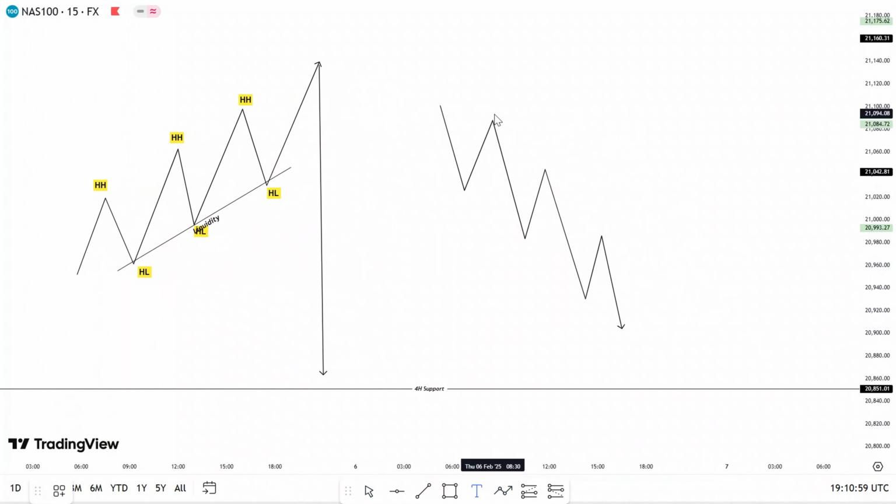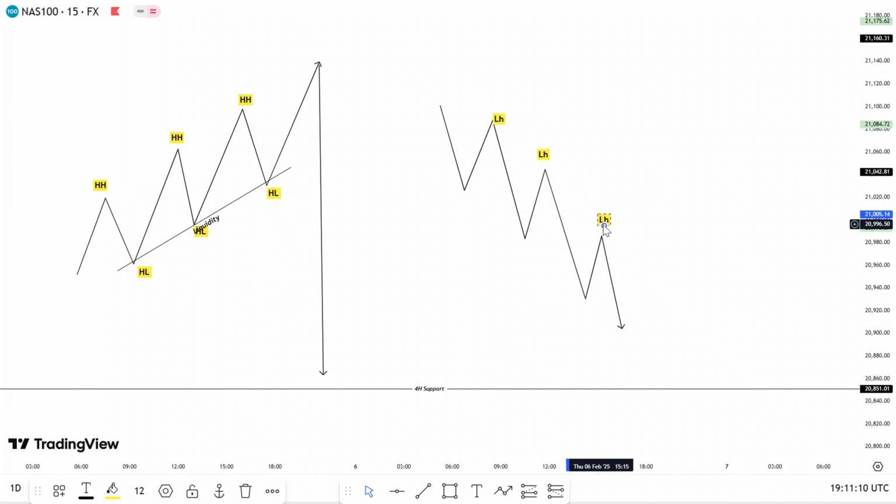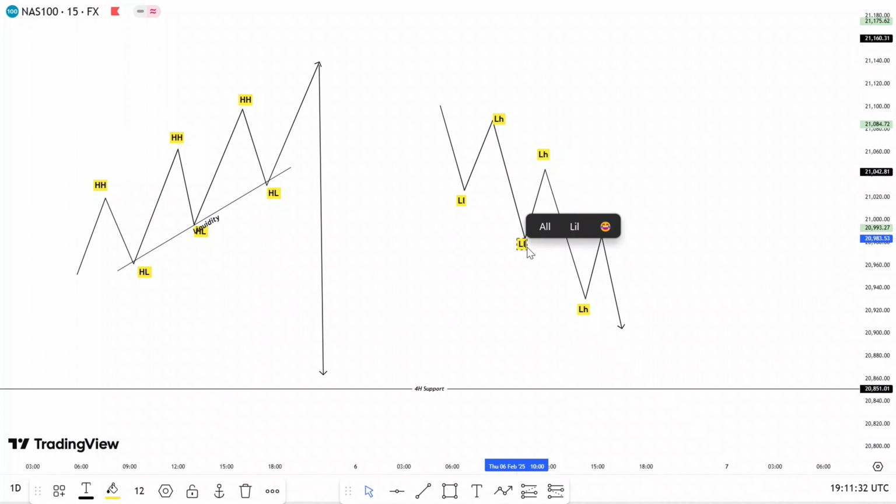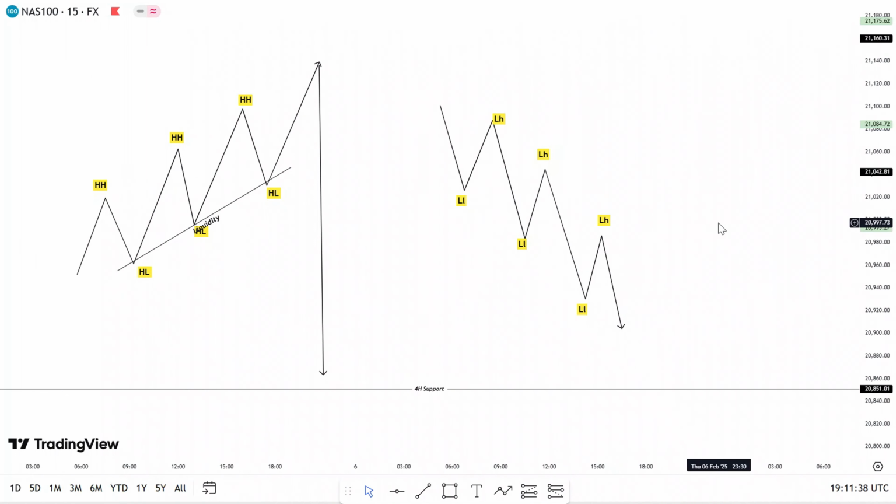You have your lower high, lower high, and you have your lower low, lower low, right?